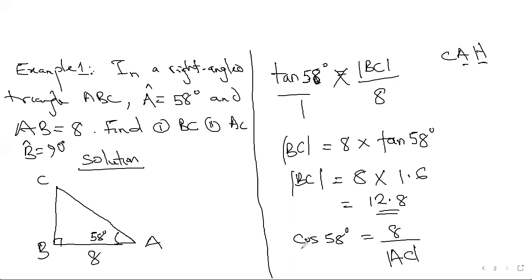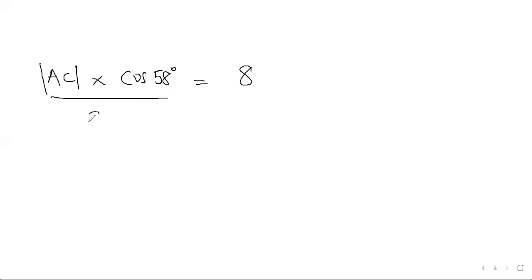So if I cross multiply, then I have AC multiplied by cos 58 equals 8. So I can divide both sides by cos 58.